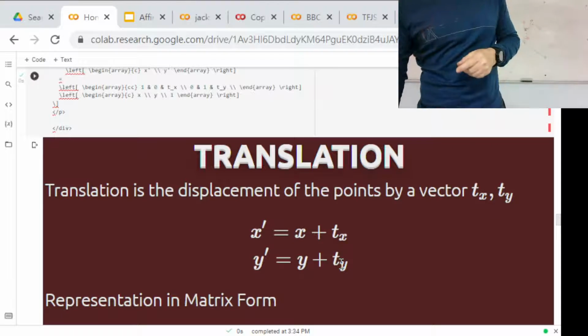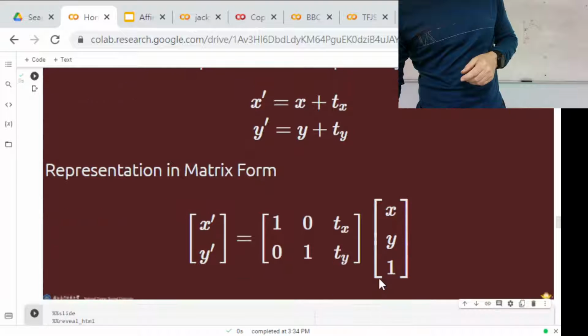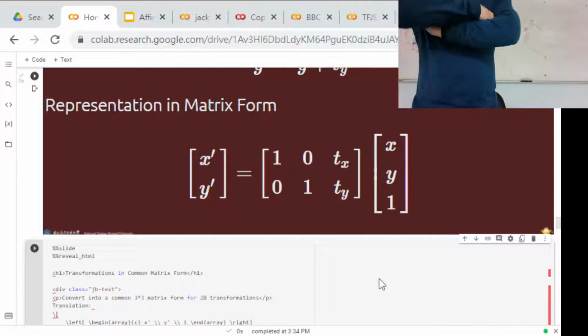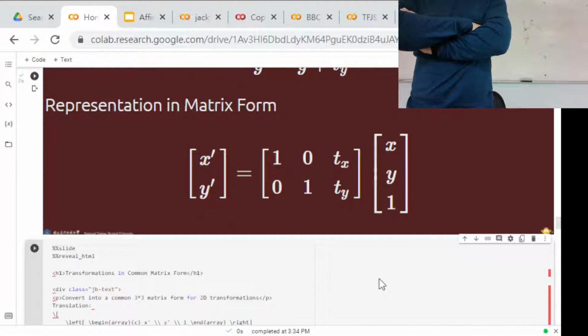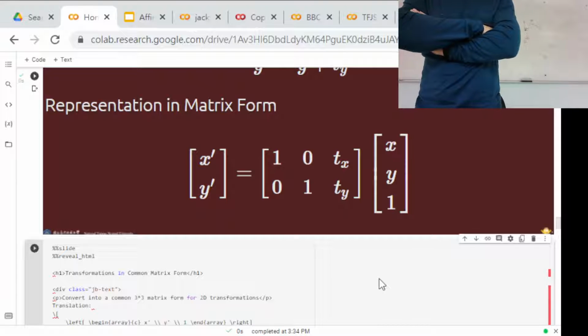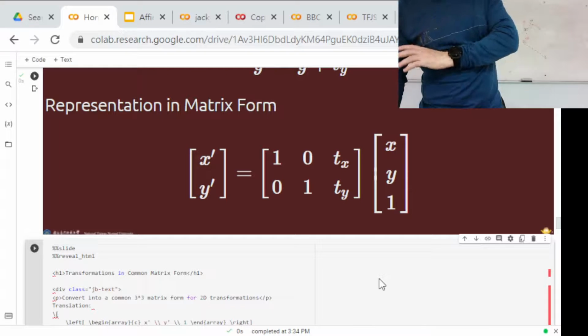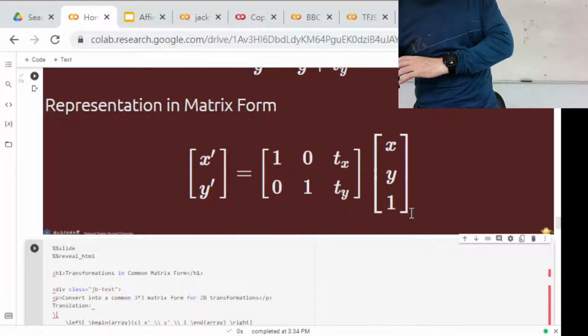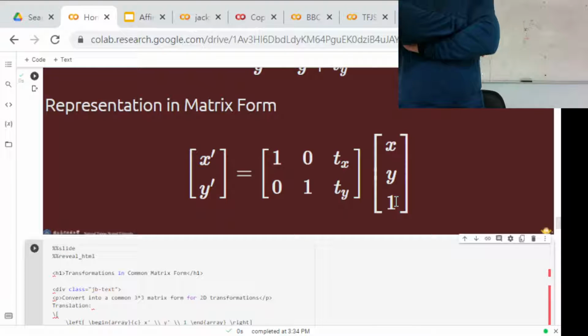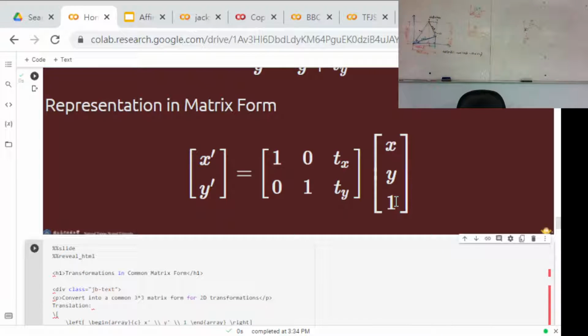So if I want to represent this in matrix form, then I want to add a constant tx and ty, but that then has to be multiplied by 1. So I need to extend my coordinates and change them from xy to xy1. Now in theory I could use any other constant as well, but then the tx, ty would change as well.